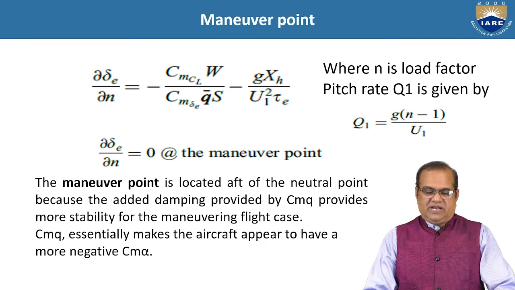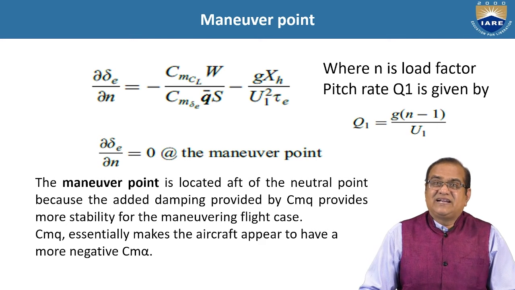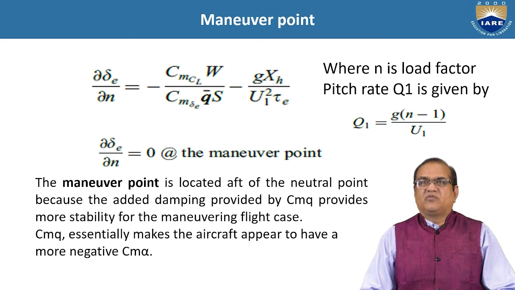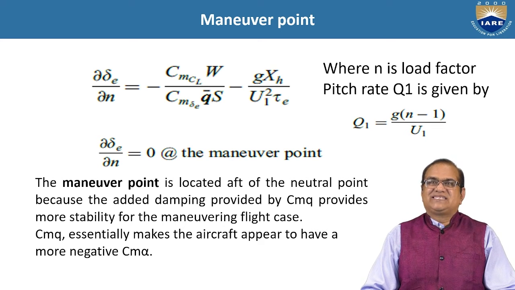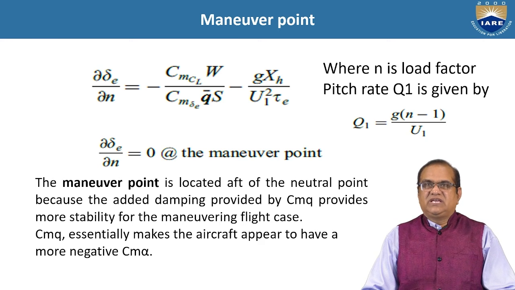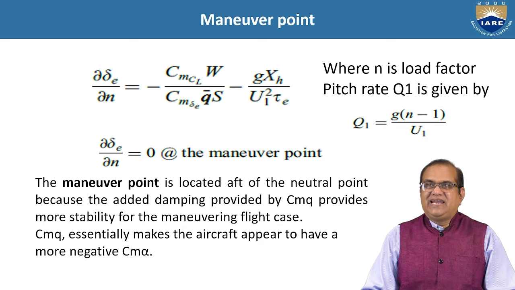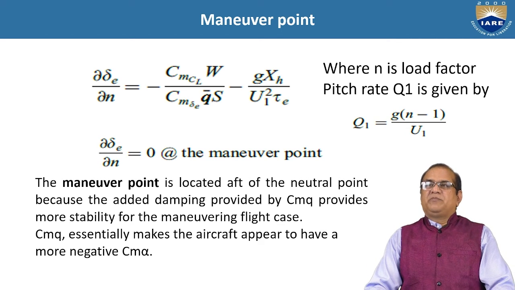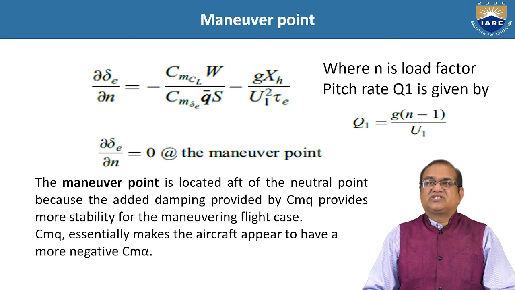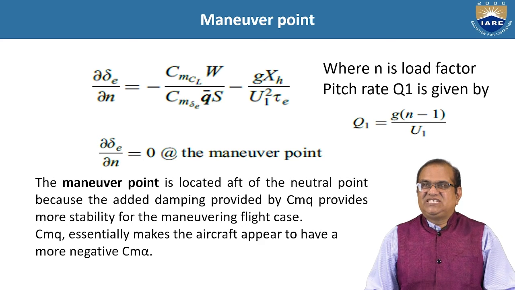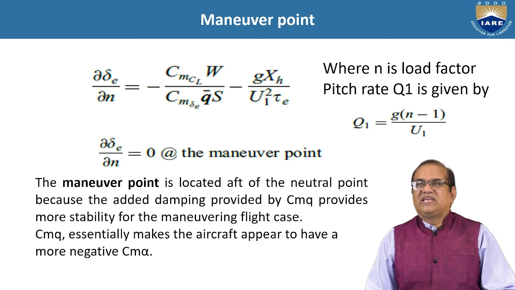So here, d delta E by d n is equal to minus CM alpha by CM delta E, W by q bar S minus CMQ lH divided by U1 squared tau E. Here n is the load factor, pitch rate is Q1 and this Q1 is given by g (n minus 1) by U1.